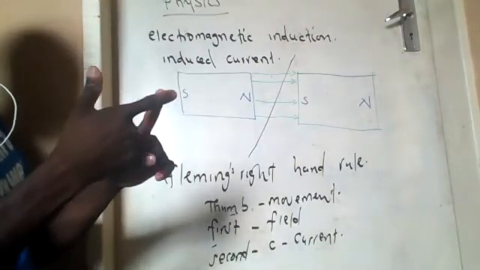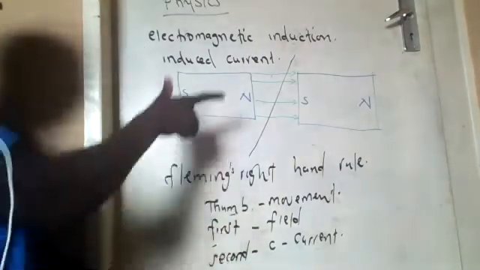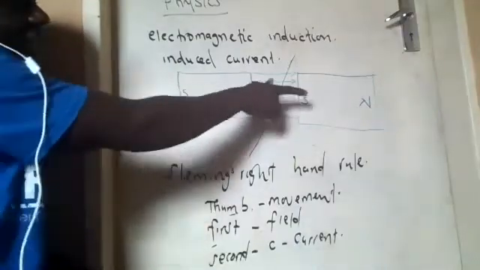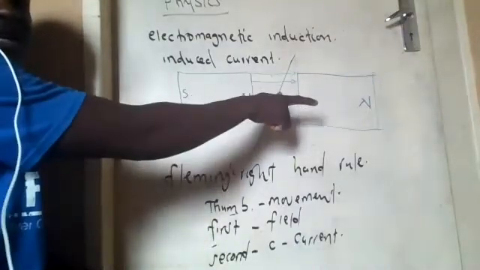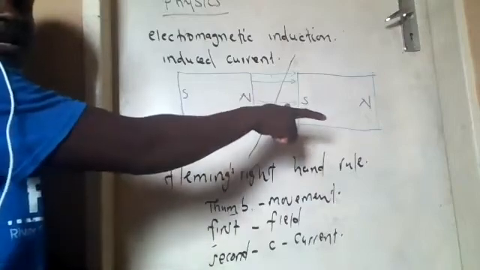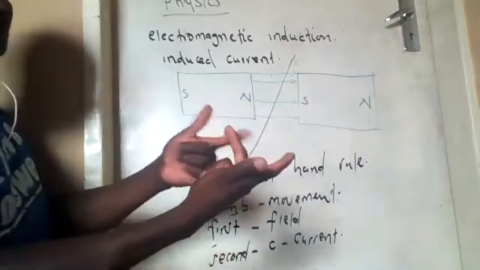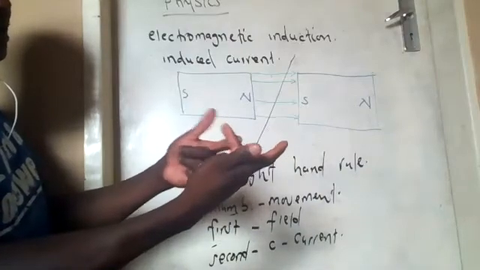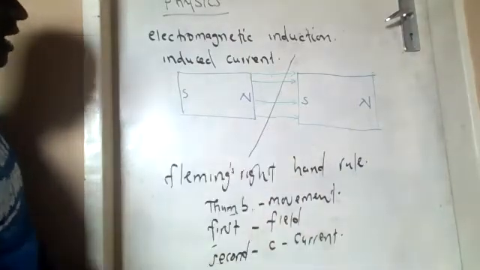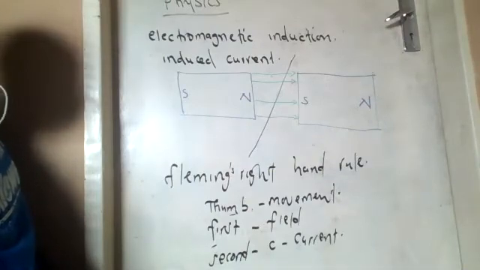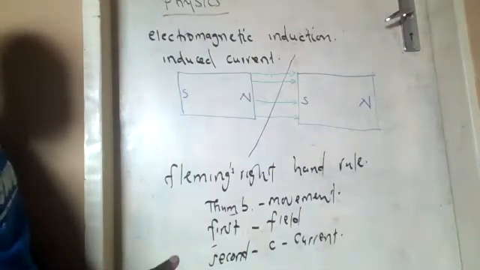Then the first finger, we have to point in the direction in which the magnetic field lines are going. Then the thumb and the first finger will determine the direction in which the induced current will go.